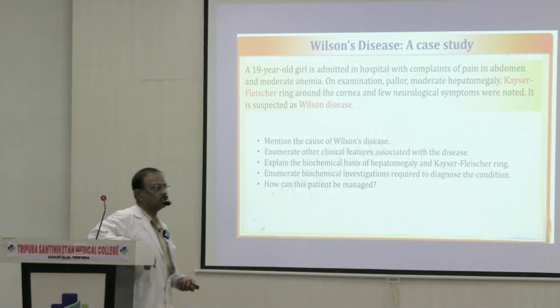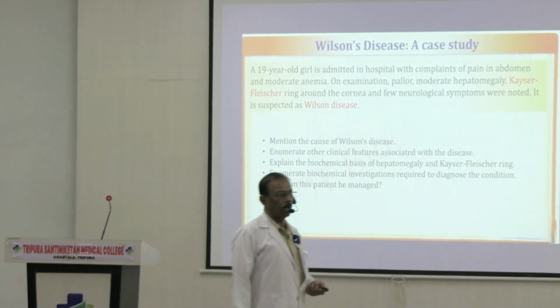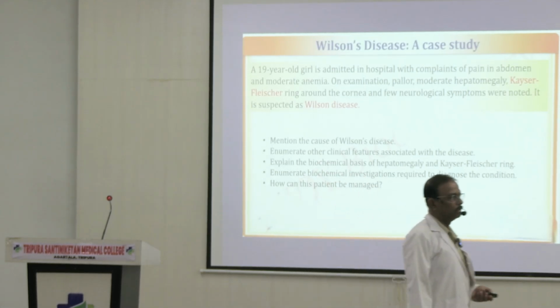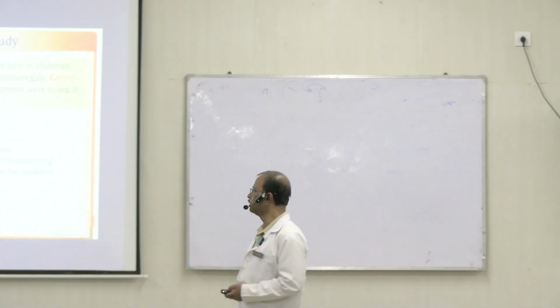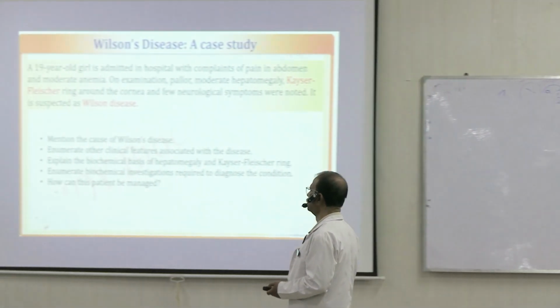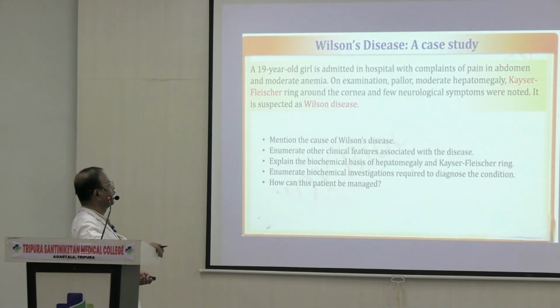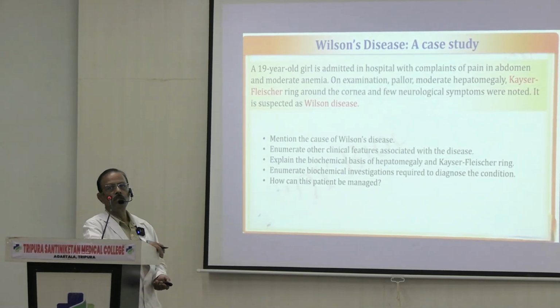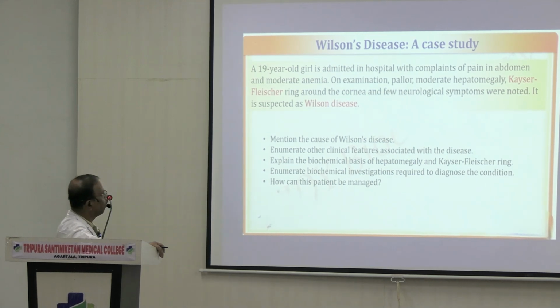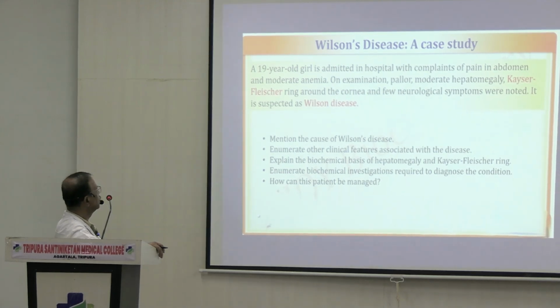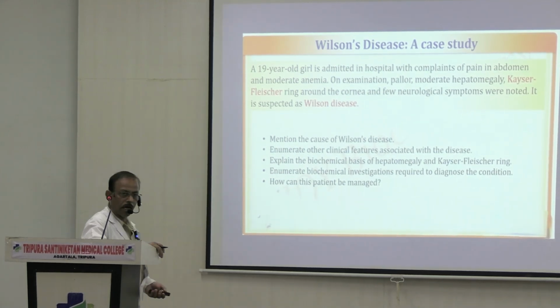Now, an important disease of copper metabolism is Wilson's disease. A 19-year-old girl is admitted to hospital with complaints of pain in the abdomen and moderate anemia.